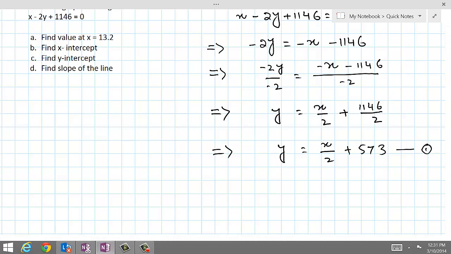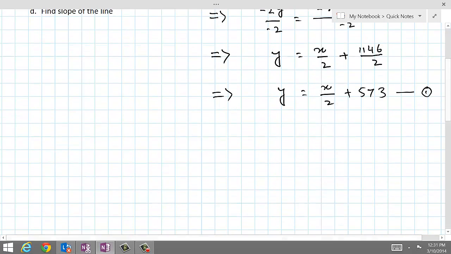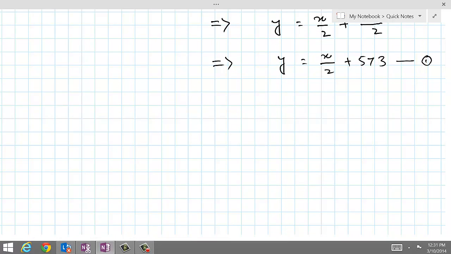Now, as step 2 of drawing the graph of a straight line, we assume a few values of x, and against those values of x we find values for y. Therefore, we are going to assume values for x.